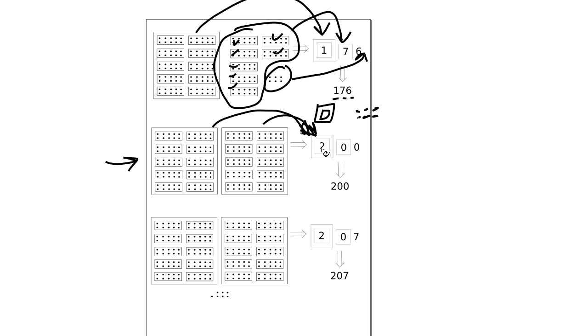So we write the number 2, and then we need the 0, 0 to tell us, so that we can remember that the 2 represents the medium-sized packages, 0 small, and 0 stray marbles left over.